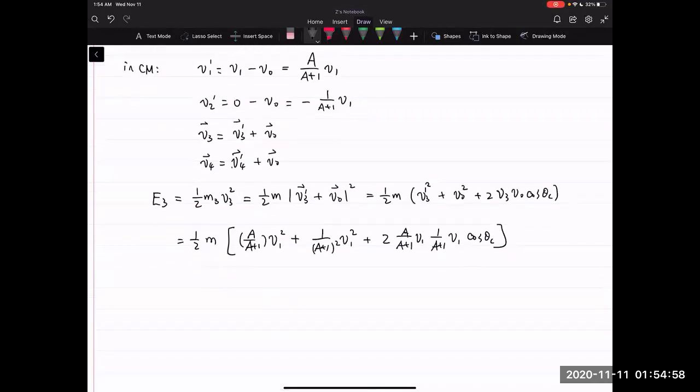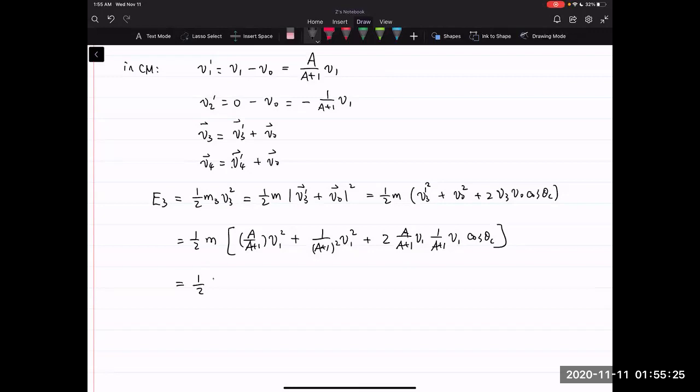Okay, so if we collect the A plus 1 squared terms, this is simply 1/2 M V1 squared, which will be E1.